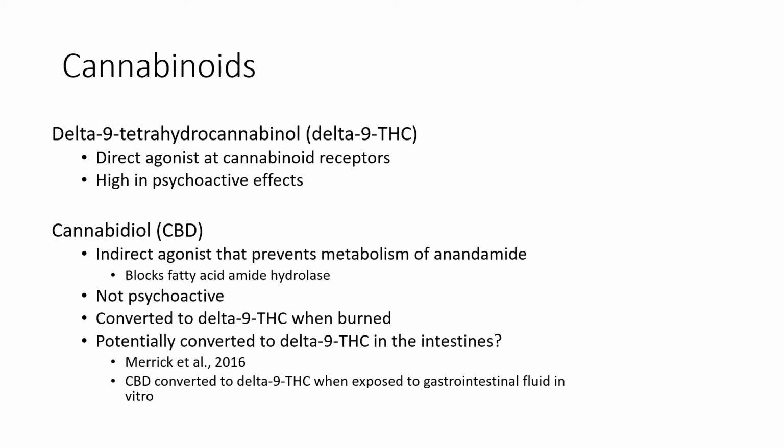That's why you can use cannabis oil and not have the psychoactive effects, but if you burn it, you get the psychoactive effects. It is believed now that it can be converted into THC in the intestines. So if CBD is eaten, it is believed to basically convert it. And it works in vitro as well.